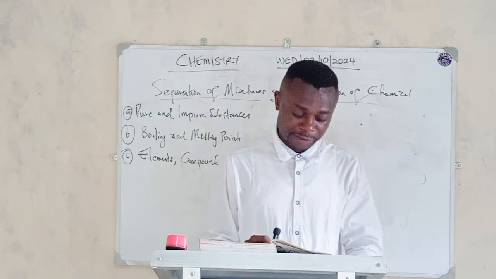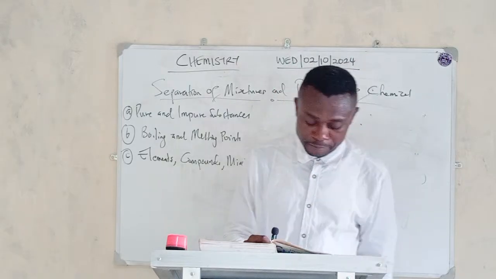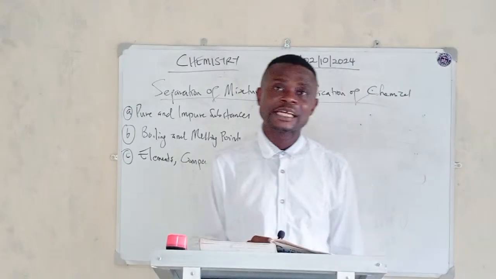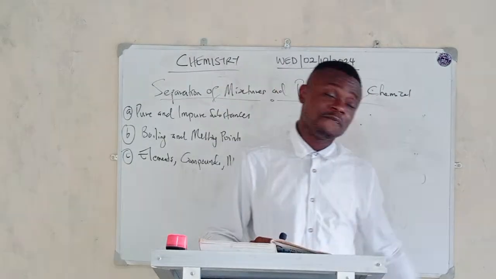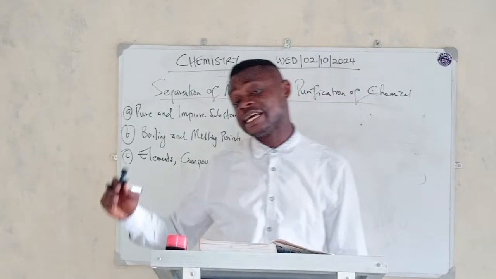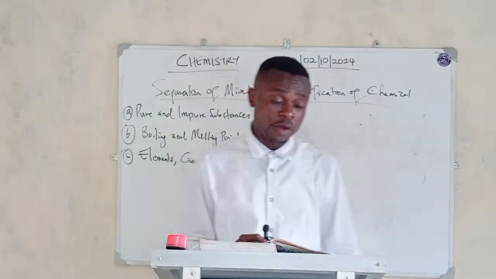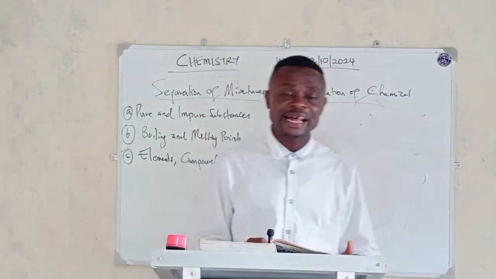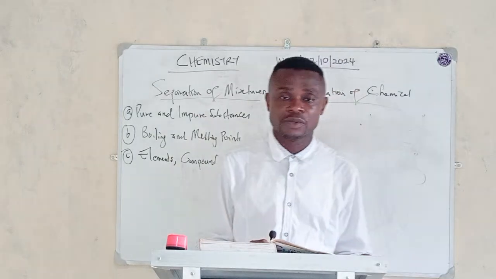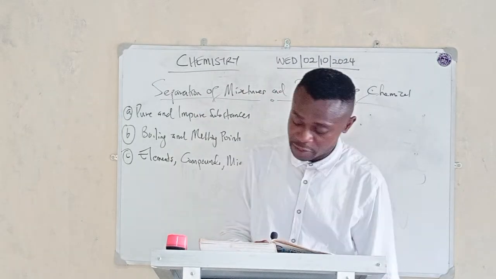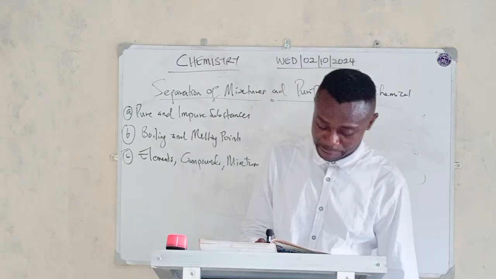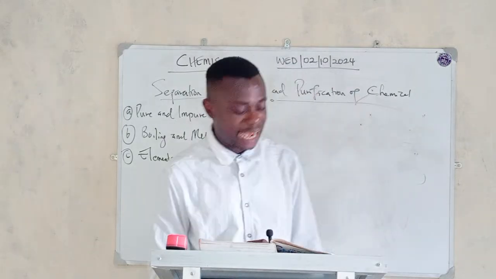Is there any difference between metals and non-metals? Metals and non-metals can be distinguished based on their physical properties and their chemical properties. Based on physical properties, metals are ductile and malleable. But non-metals are not malleable, they are not ductile.